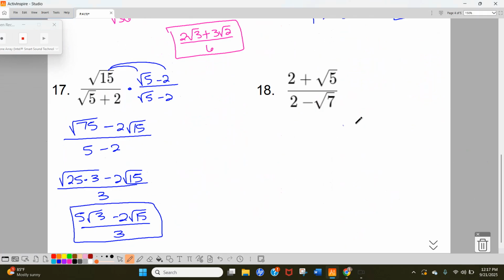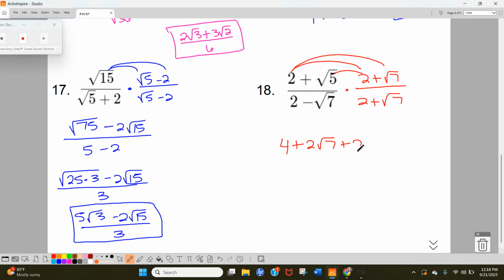All right, 18. Multiply by 2 plus root 7 on top and bottom, because that is the conjugate of 2 minus root 7. And our goal is to not have a radical in the denominator. All right, so then we get 4 plus 2 root 7 plus 2 root 5 plus the square root of 35.